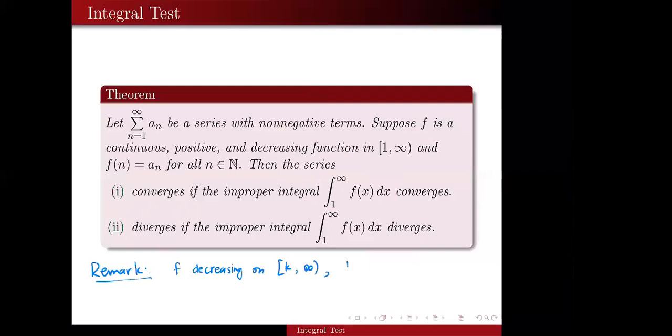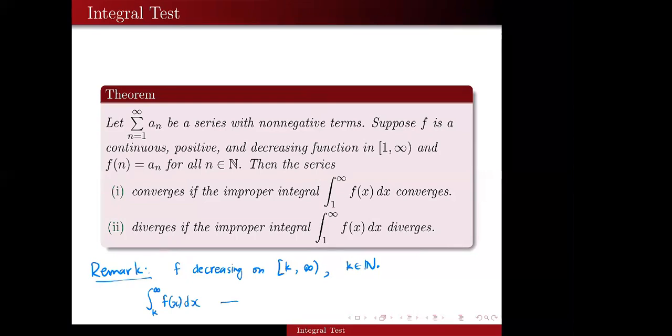Here, k is any natural number. Then, you can just use the improper integral starting from k. You can calculate the improper integral whose lower limit of integration is k. It's totally fine. You will get the same conclusion.